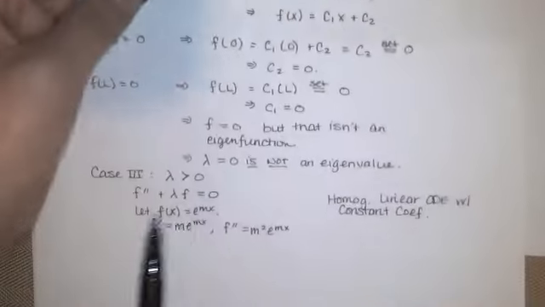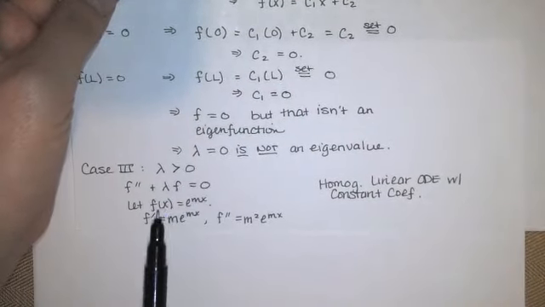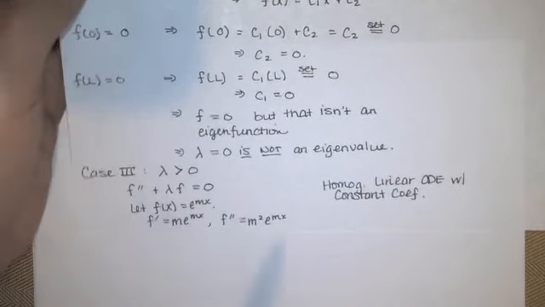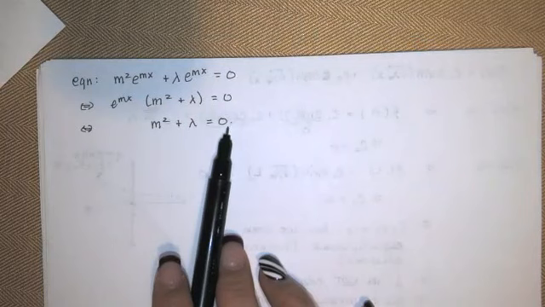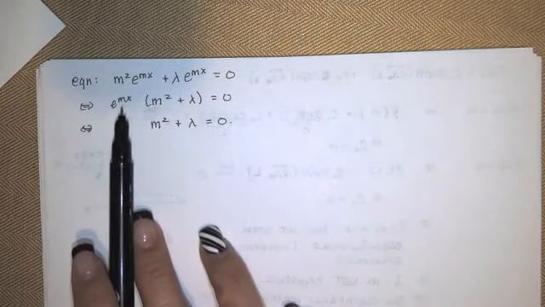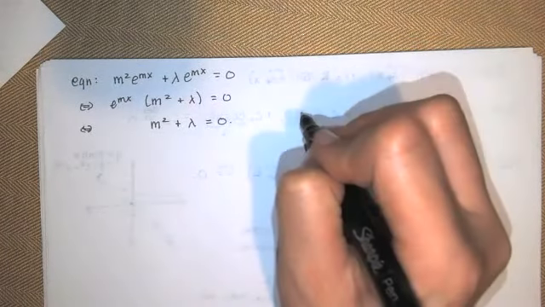Now, one thing that I will say is many times professors will skip this step because it's assumed that you remember when you're dealing with a constant coefficient equation that the form of the solution is e to the mx. If you differentiate twice and substitute and then simplify out the e to the mx, you will always get a polynomial equation in m. In this case, that's the parameter I'm choosing to use right here. So you're always going to get this characteristic equation.